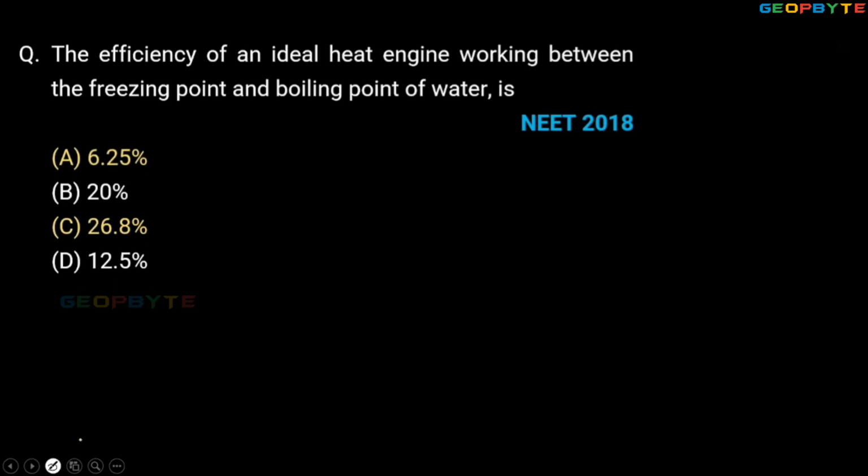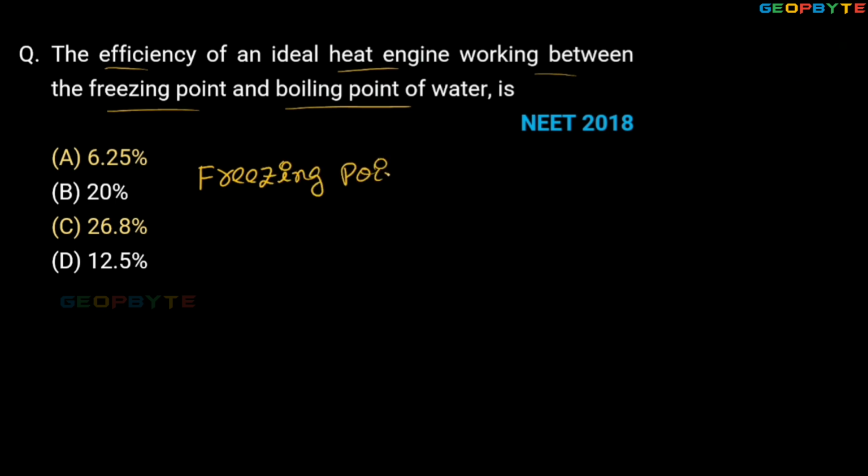It is asking like this. The efficiency of an ideal heat engine working between freezing point and boiling point. As you know, the freezing point of water equals 0 degree centigrade, which is 0 plus 273, equal to 273 Kelvin.